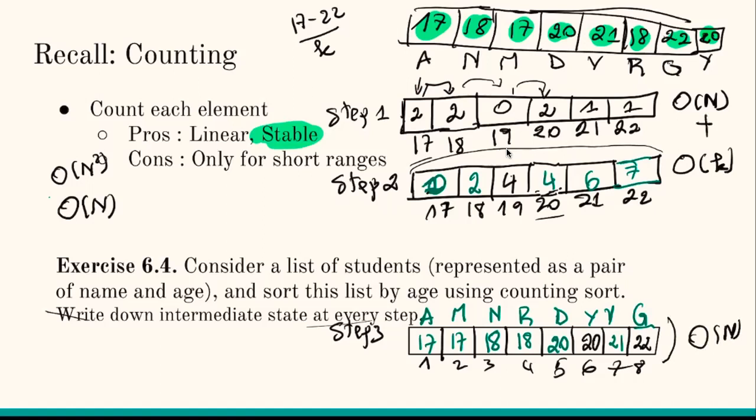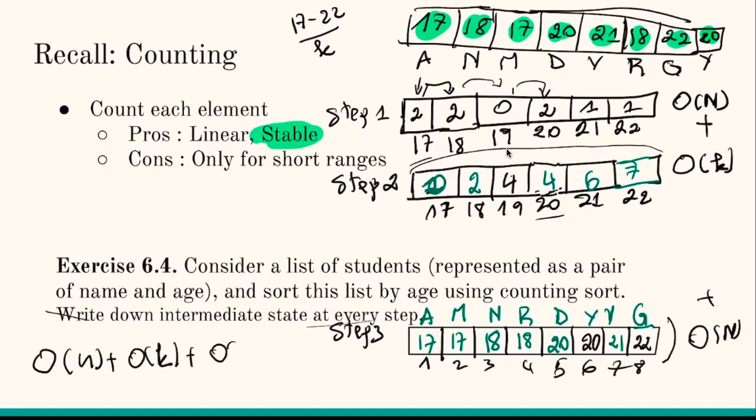So what we do is just sum up all those operations, okay? This means that we have big O of N plus big O of K plus big O of N. Using big O notation, we can easily say that this is big O of N plus big O of K, right?